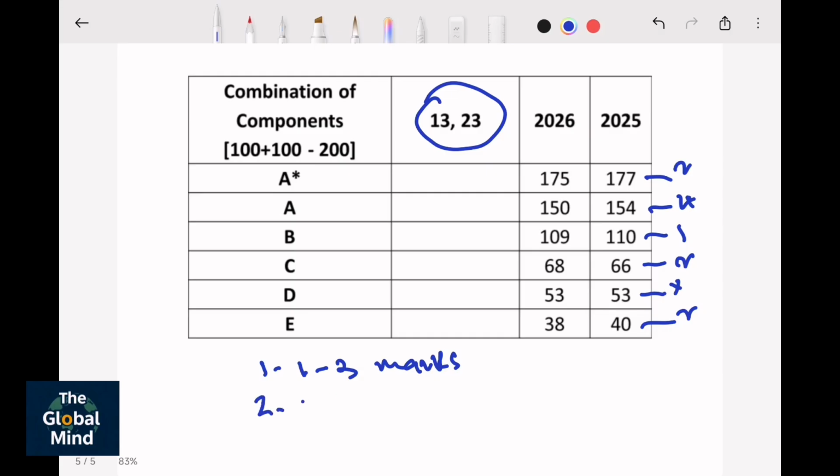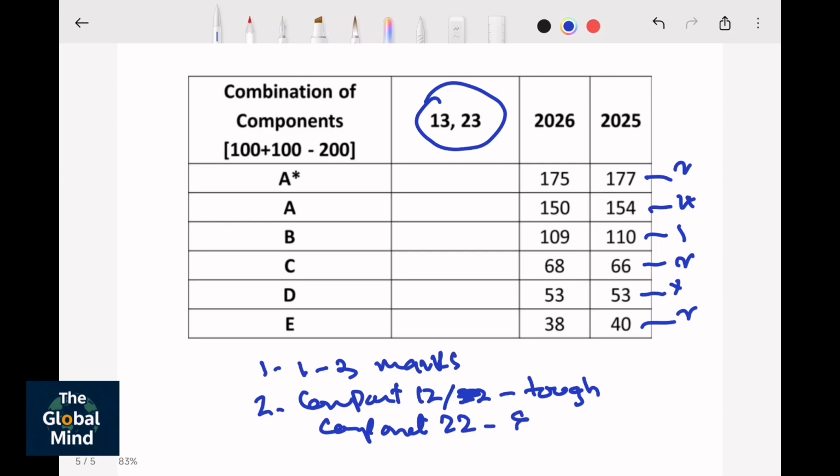Second is that component 1 2 is moderately tough and component 2 2 is moderately easy. So in future you should put more focus on this one.